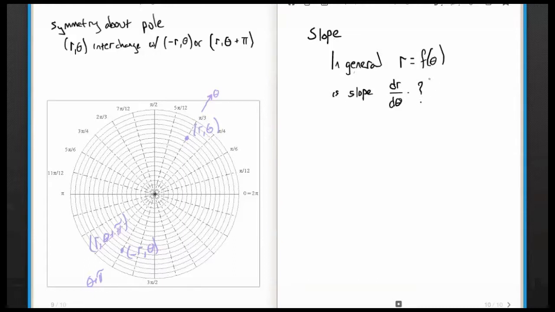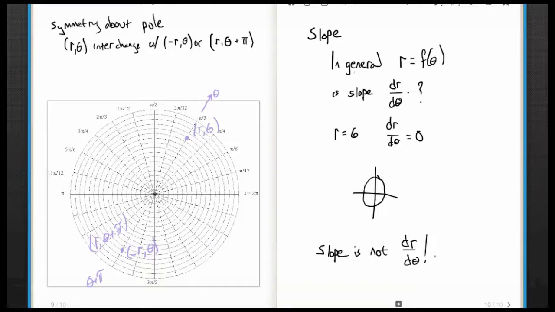Well, I don't know if that works. If we look at that example again, r equals 6, right? dr d theta, well, r is constant, so dr d theta equals 0. But I know that if I draw this, my slope is constantly changing. We've done a homework problem like this where it's changing. So that can't be. Slope is not dr d theta.